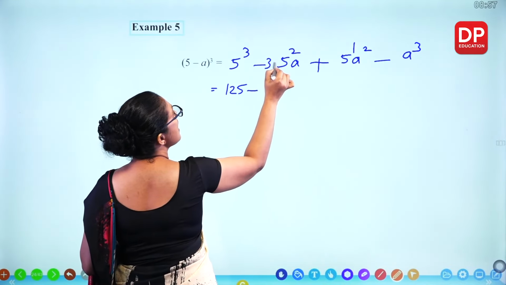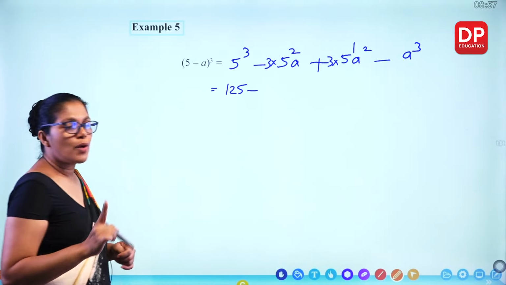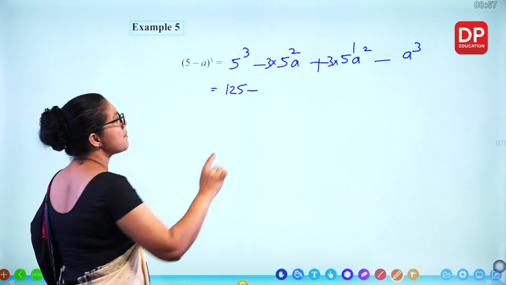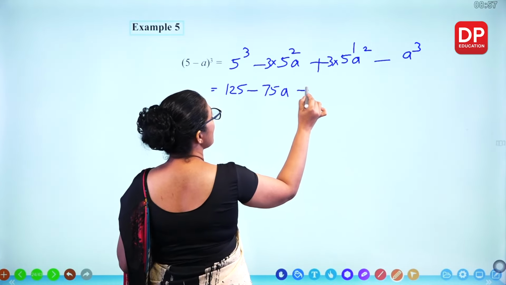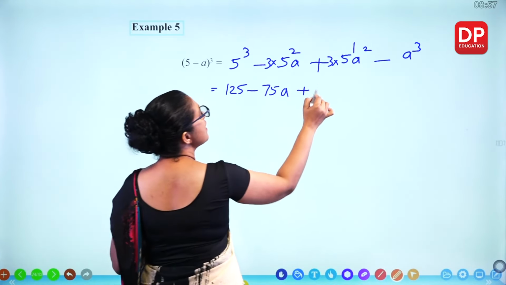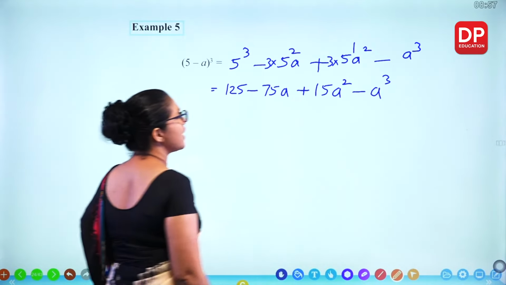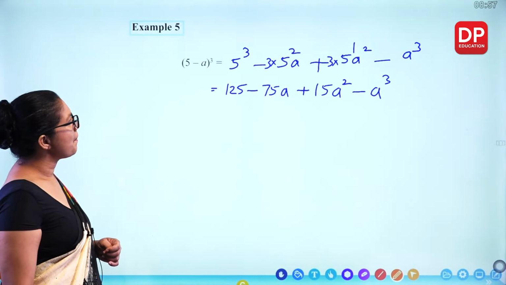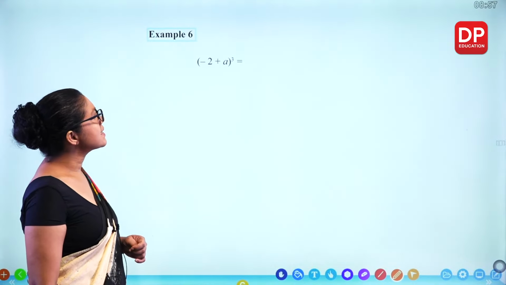So here 3 times, 3 times. 5 squared is 25. 25 times 3, 75. This one, 5 times 3, 15. You get a cube.